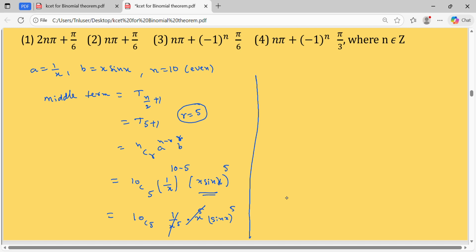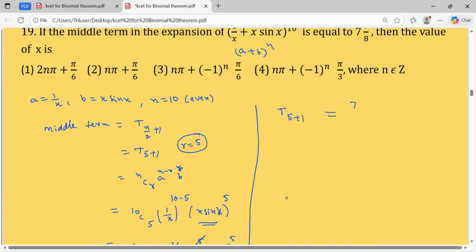So the middle term T5 plus 1 is given, that equals 7 by 8. What is T5 plus 1? 10C5 sin x power 5, that equals, convert the mixed fraction into an improper fraction: 7 8s are 56 plus 7, 63 by 8.